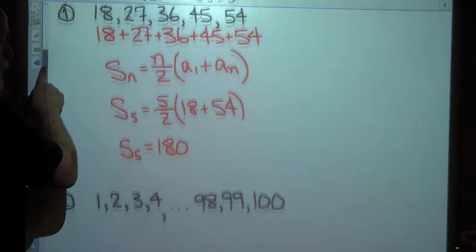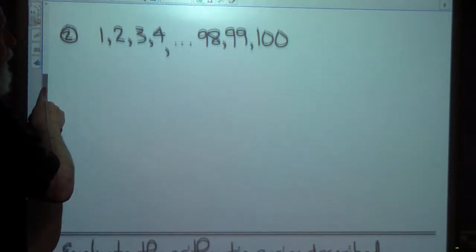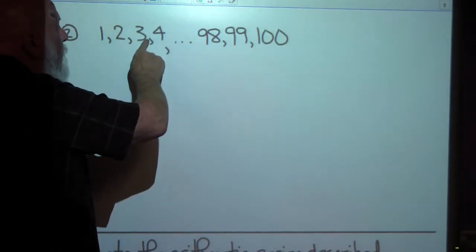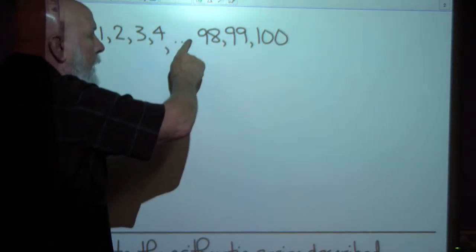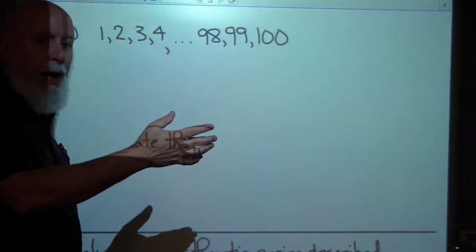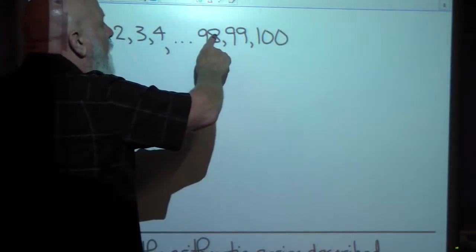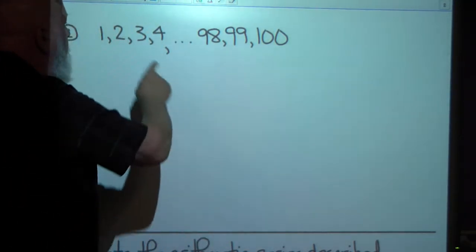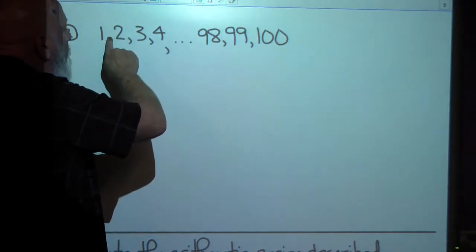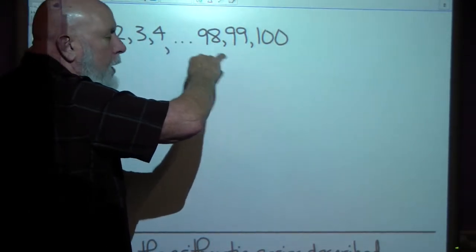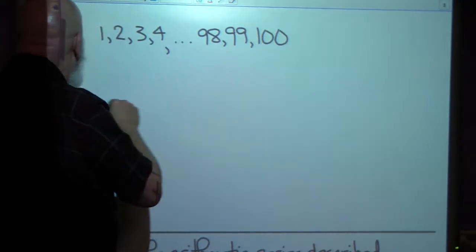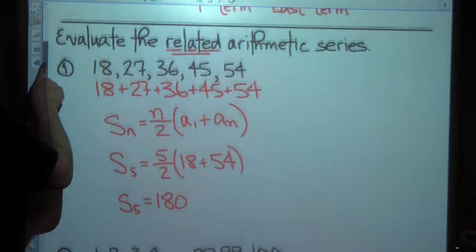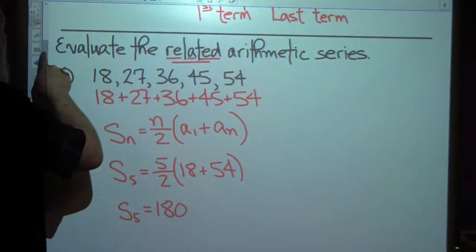So let's take a look at another example. Here's one. Here I have 1, 2, 3, 4, dot, dot, dot. That means continue the pattern until we get to 98, 99, 100, and we stop. So there are 100 terms in this. And our instructions are evaluate the related arithmetic series.